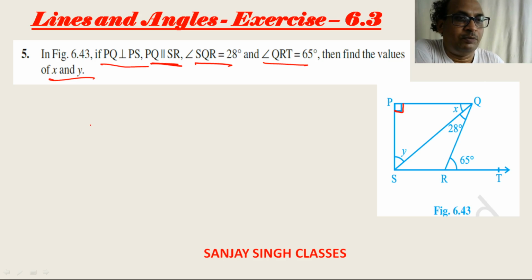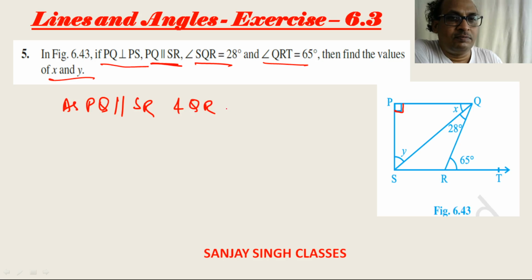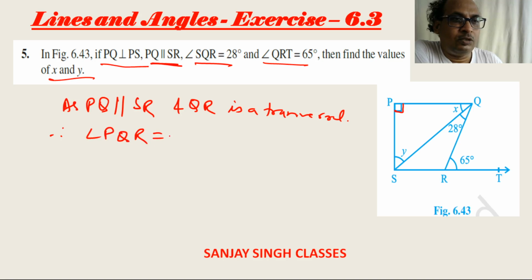Let us find the value. As PQ is parallel to SR and QR is a transversal, then angle PQR is equal to angle QRT, alternate interior angles.